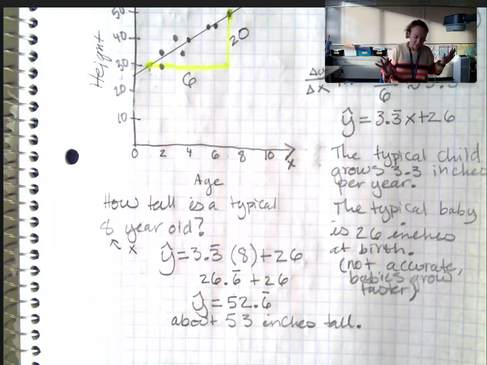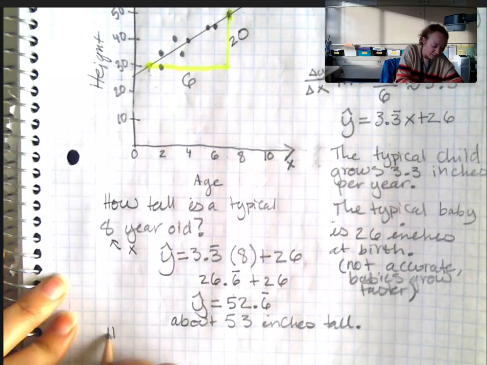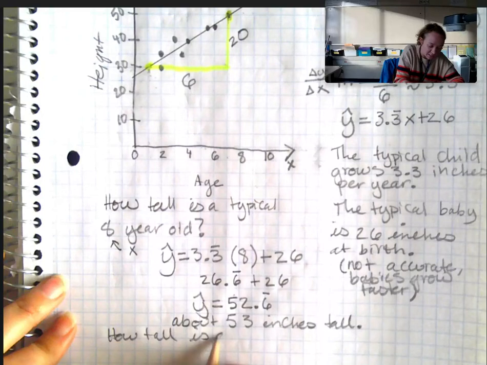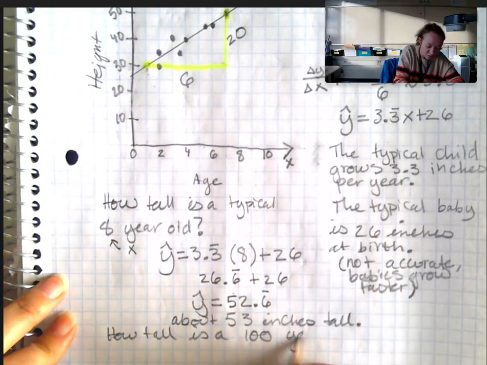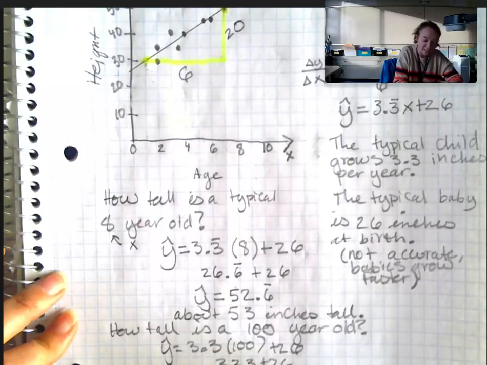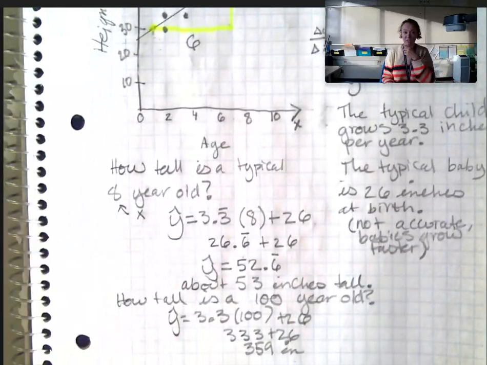All right. Now, sometimes you might be asked to make a prediction that doesn't make sense at all. So like if I asked you to predict how tall is a 100-year-old, you could do the math. And the math tells us that they are 359 inches tall.